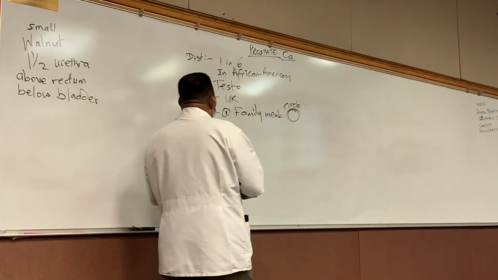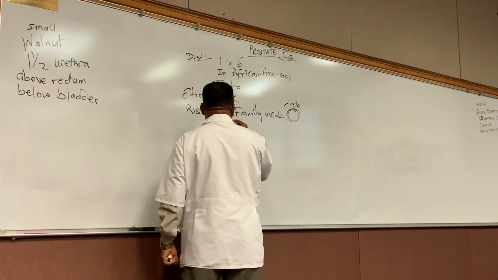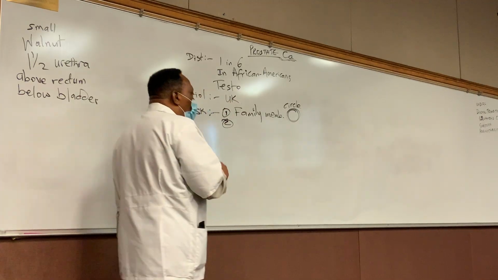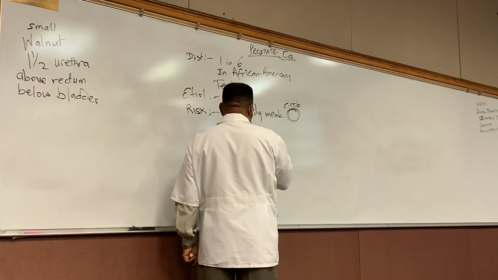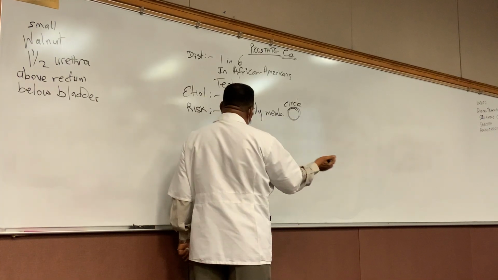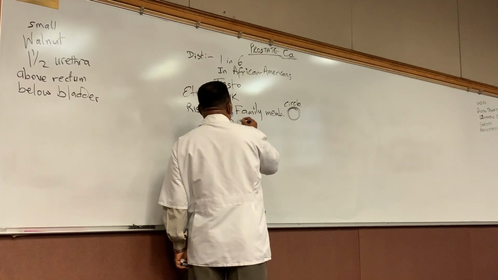Okay. So that's one. Two would be what we would call familial, that is in terms of hereditary.